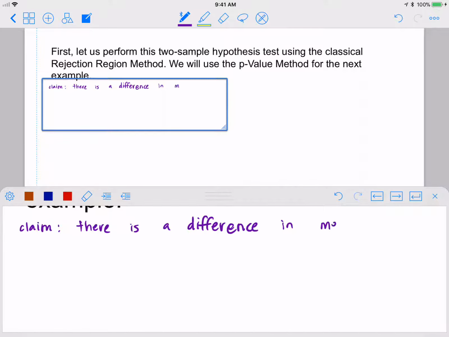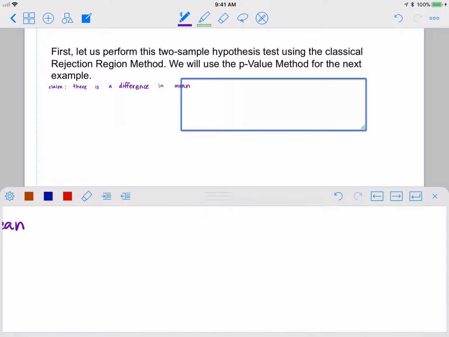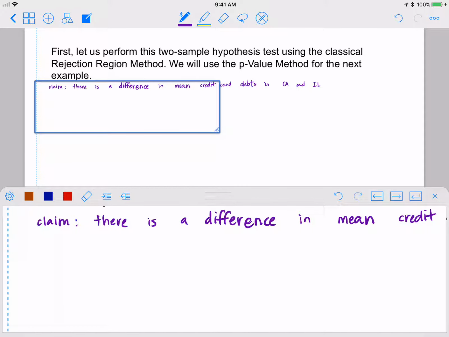To translate this into a mathematical statement, we say mu1 is not equal to mu2.